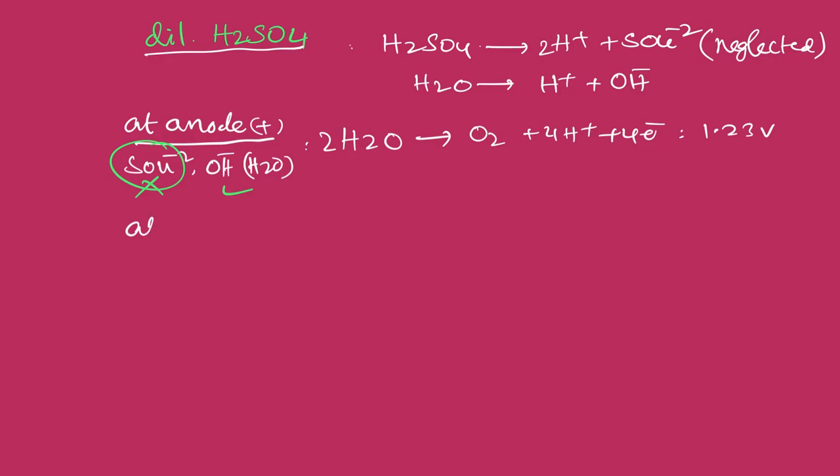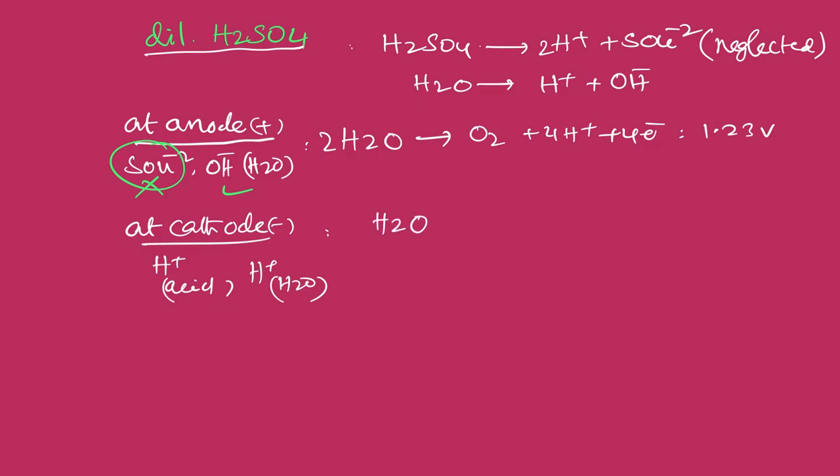Next, at the cathode. At the cathode, negatively charged, the positive ion will be reduced here, which is H+ from the acid and H+ from water. Since H+ from the acid is neglected, consider H+ from water only.